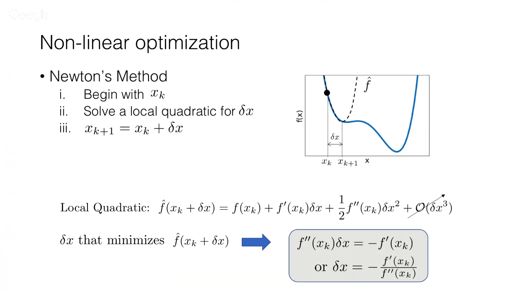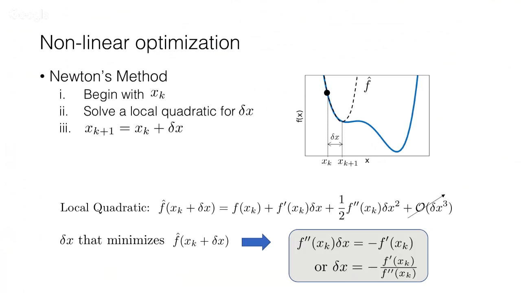What we can do is take this function and expand it in a Taylor series to get a local quadratic function, given by this dashed line. At this particular point, I've got a local quadratic that I can work off, with a derivative and second derivative.